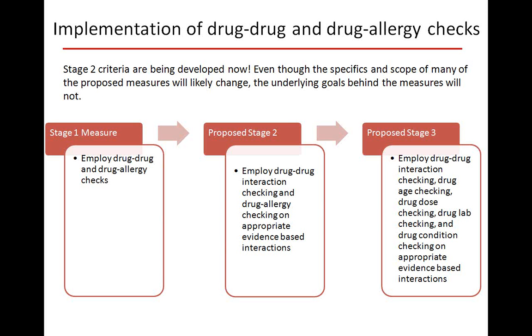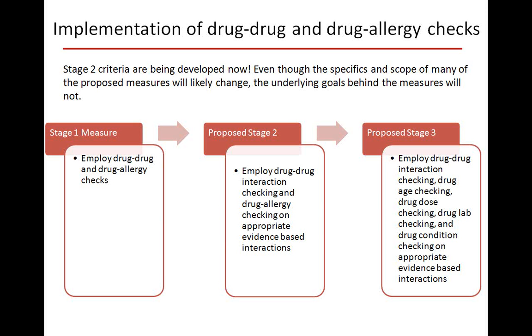For Stage 2, we expect that you will need to employ the drug and drug allergy checks on appropriate evidence-based interactions. We don't know how that's going to be defined yet, but we are waiting for that rule, and we'll look into what appropriate evidence-based interactions really means in terms of meaningful use.